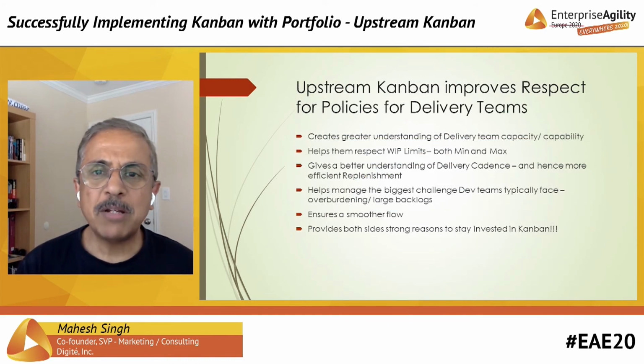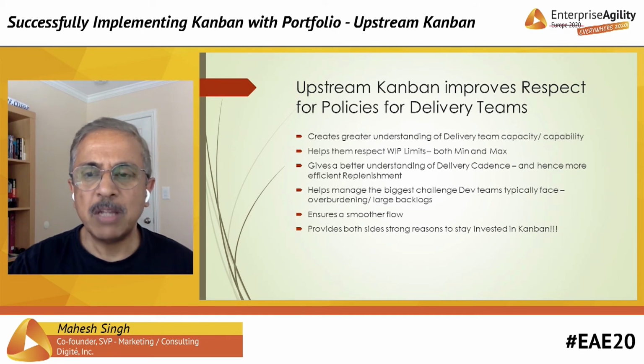So in general, Upstream Kanban helps the stakeholders respect and understand the delivery team's policies and help them achieve them far more effectively. Gives them greater understanding of the delivery team's capacity and capability, helps them respect WIP limits, both the minimum and maximum WIP limits, not just the maximum. Gives a better understanding of the delivery cadence.